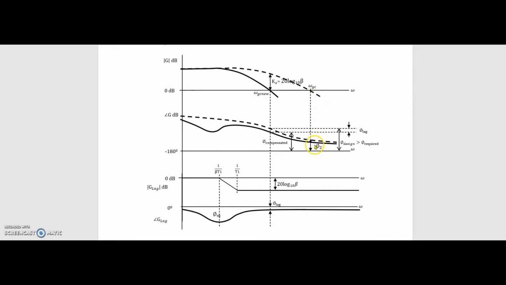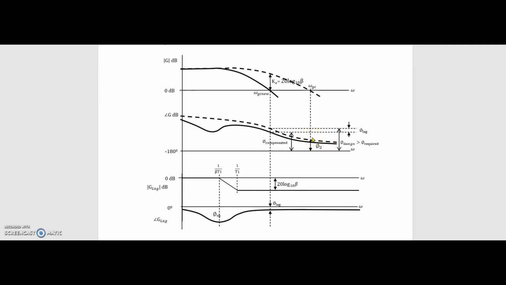Since the phase margin is positive, we will say that the system is stable. But a positive phase margin is not enough.